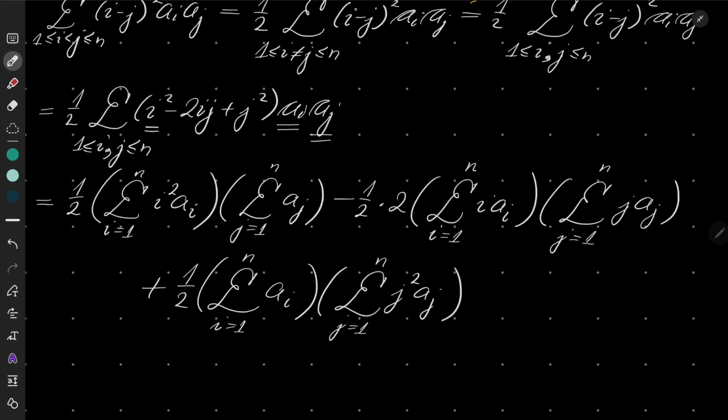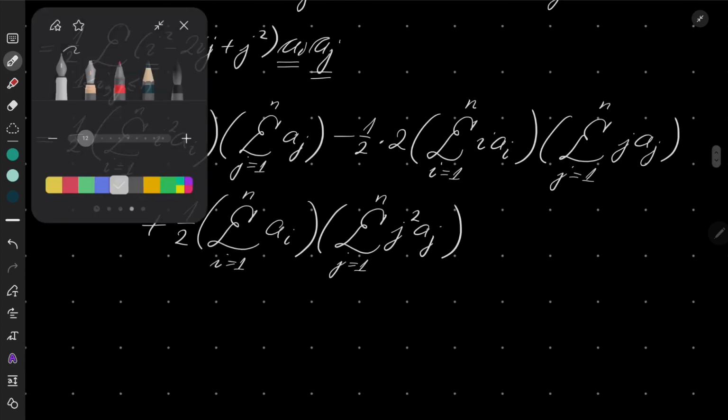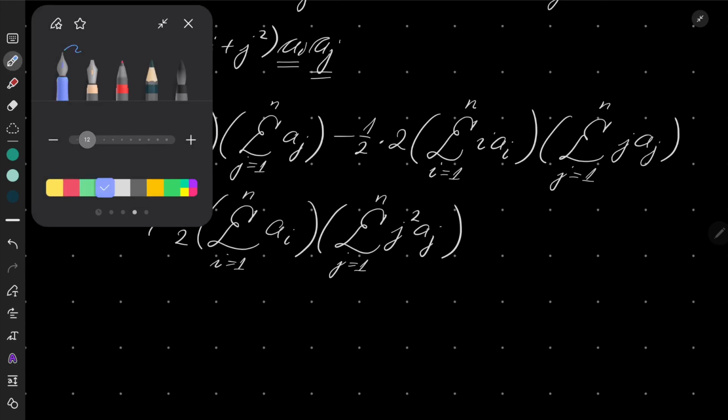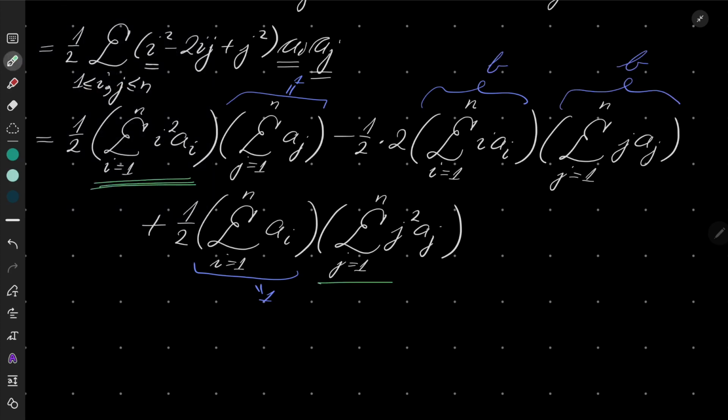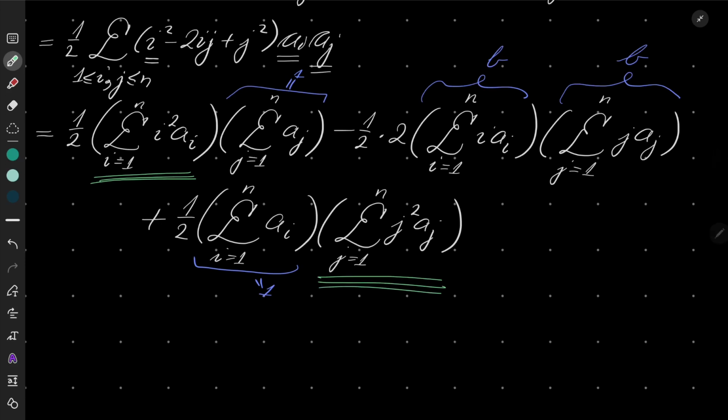Okay. And now let's notice some things. First of all, by our assumption, this sum and this sum, they are equal to 1. Moreover, also by our assumption, these two sums are equal to b. And lastly, this sum is equal to this sum because they differ just in the name of our index.